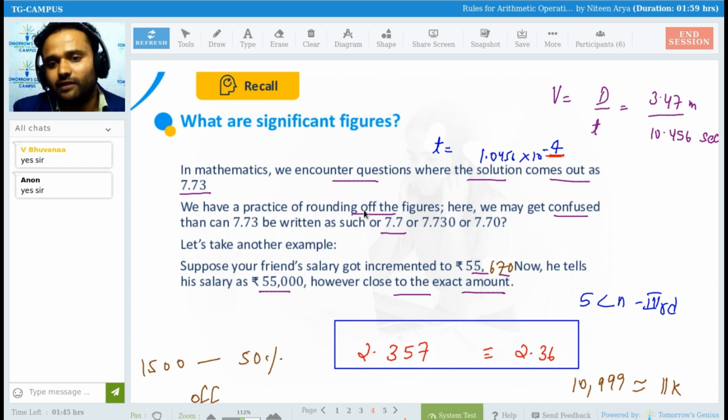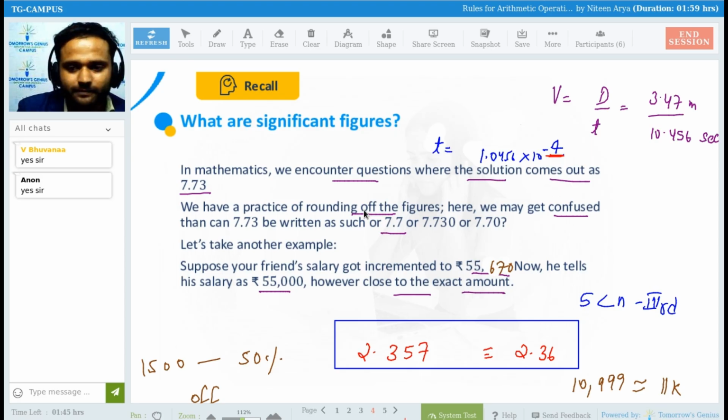This is the significant number. There are n number of rules of significant figures that we are going to cover in this lecture, and there is a rounding off process also. So rounding off is just, instead of the exact data, you round off up to the appropriate range.